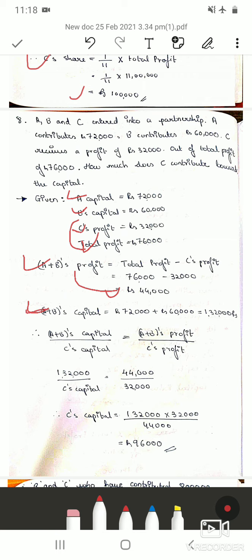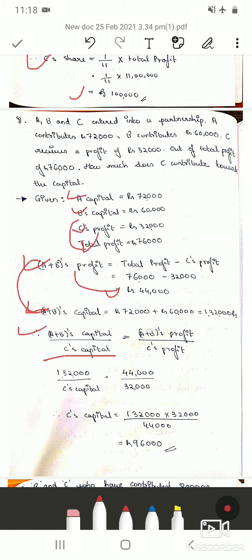Why we are finding A plus B's capital is because we know A plus B's profit now. So using the another note, that is A plus B's capital by C's capital is equal to A plus B's profit by C's profit. We want to find out C's capital.